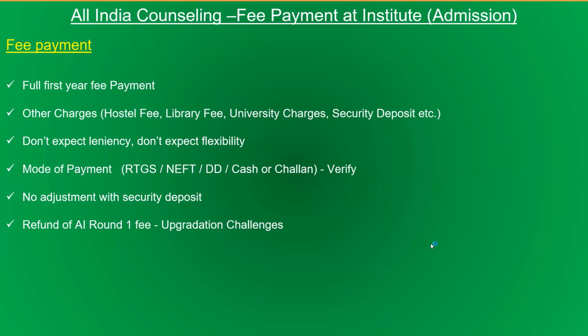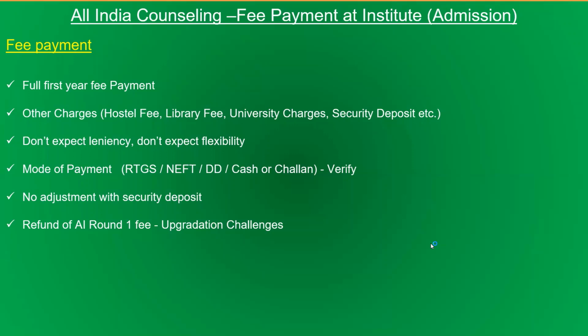If you're upgrading from All India Round 1 to All India Round 2 from one deemed institute to another, there's a minor challenge. Some deemed institutes take more than a week to refund your amount. So when you're joining the institute during Round 1, check with them on how much time it takes to refund the first year fee.